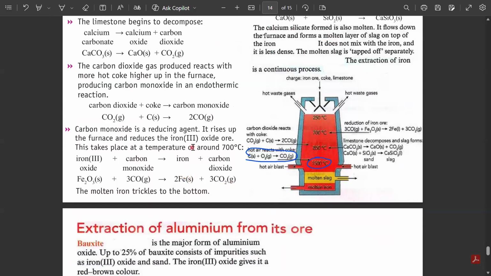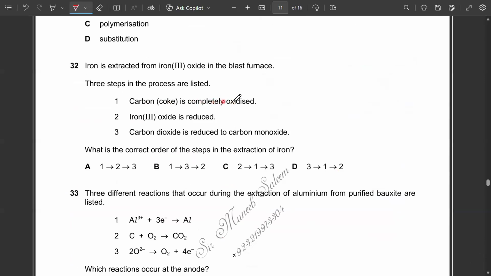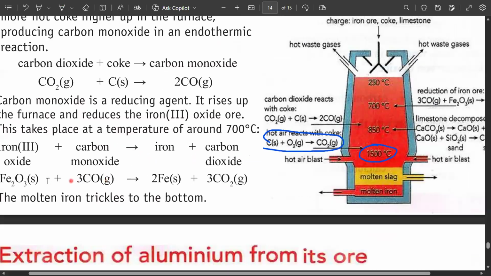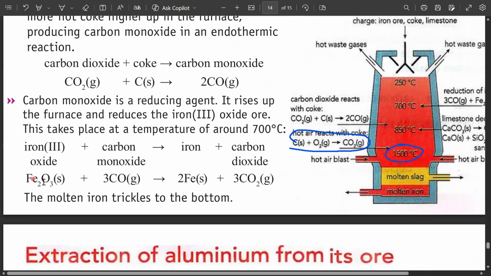Now we go back to here. Carbon is completely oxidized, iron oxide is reduced is the last step. Iron oxide is reduced here because we are eliminating the oxygen from the compound of iron.